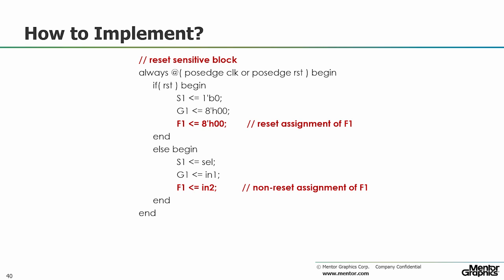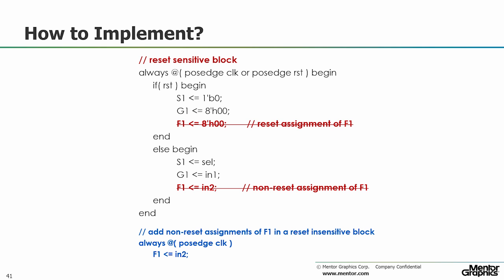Now to remove the asynchronous reset of register F1 in the RTL, we need to first remove the assignment of this register in the reset sensitive block. And we need to add another reset insensitive block in which a non-reset assignment of register F1 needs to be added. This way, the assignment of the register F1 becomes independent of reset.